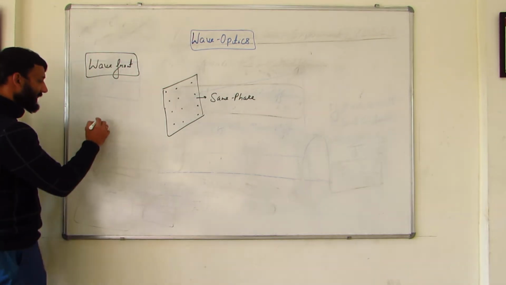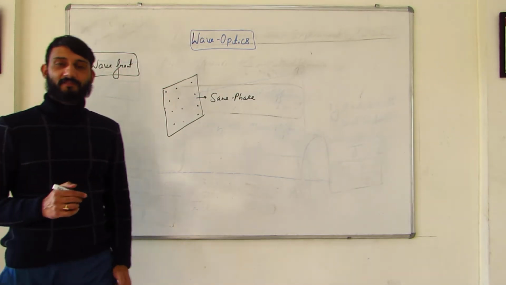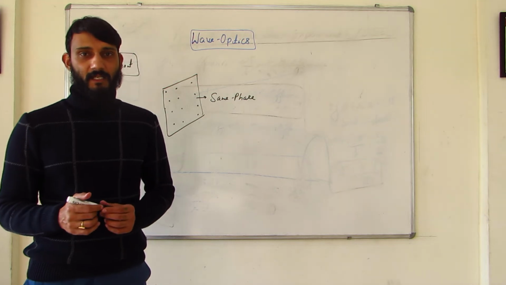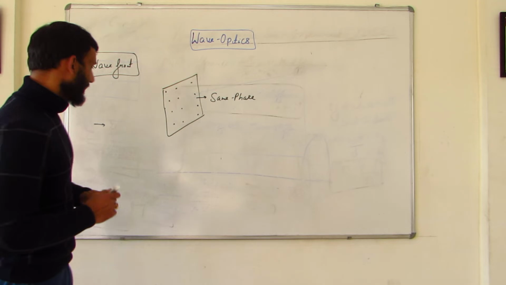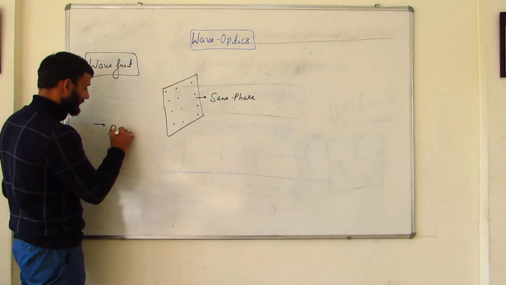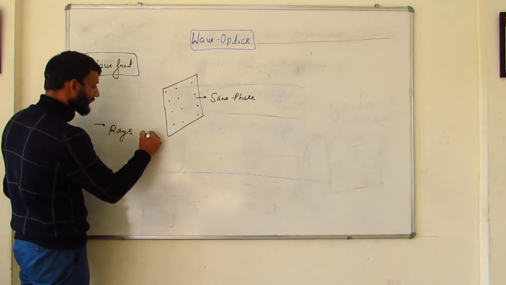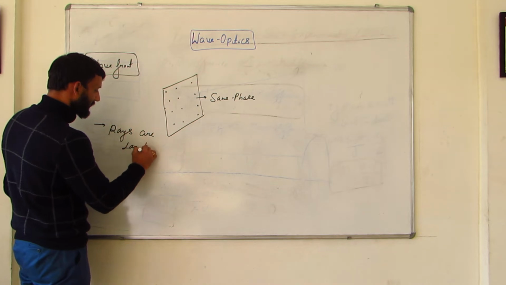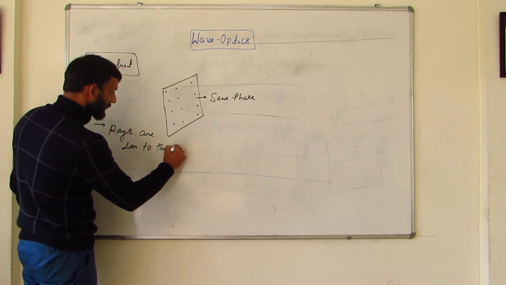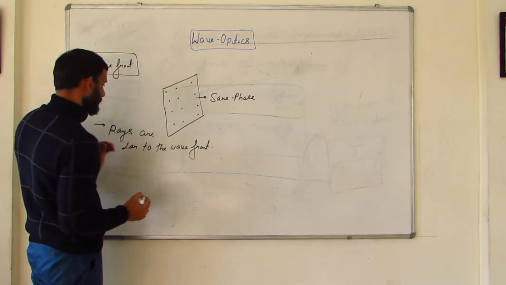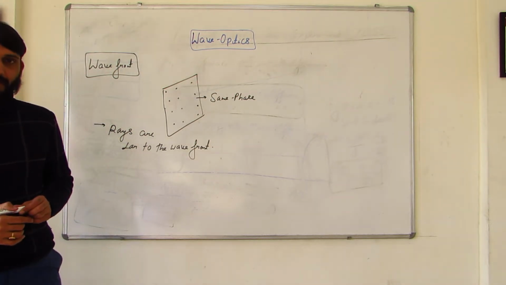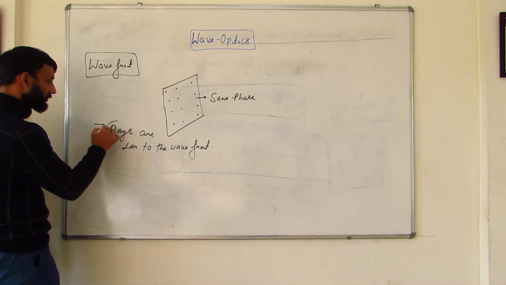Now one should understand, like we studied in equipotential surface, that the electric field is always perpendicular to the equipotential surface. In this case, rays are perpendicular to the wavefront, right? And what do rays do?